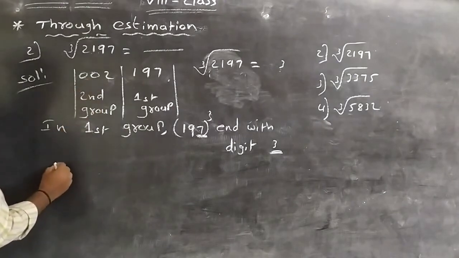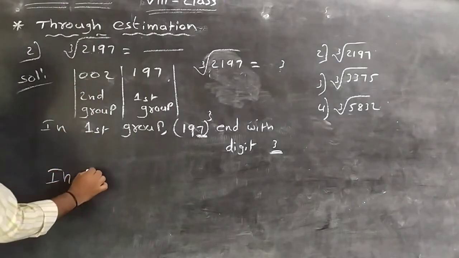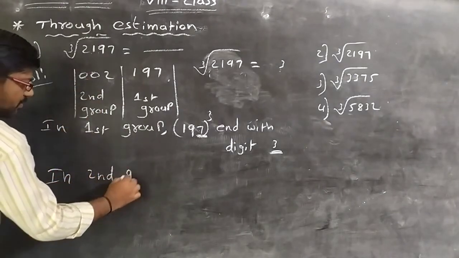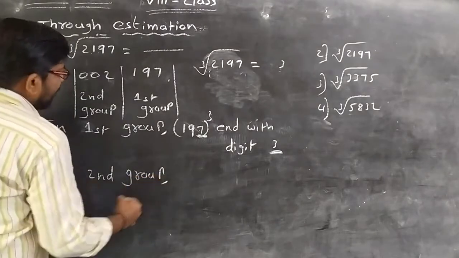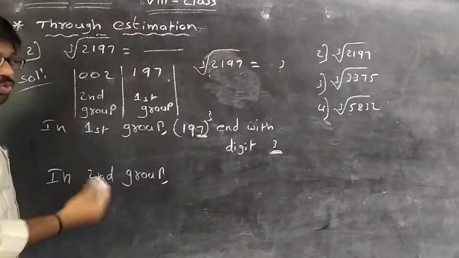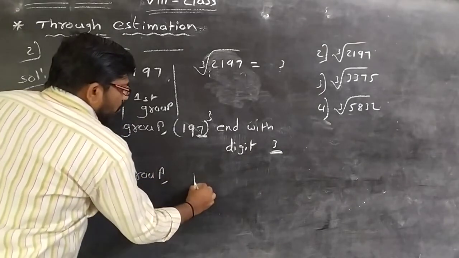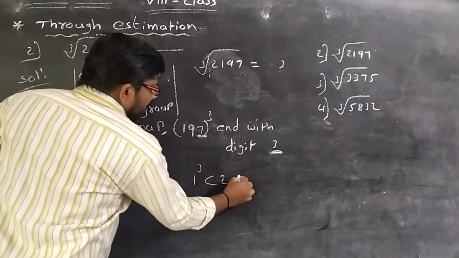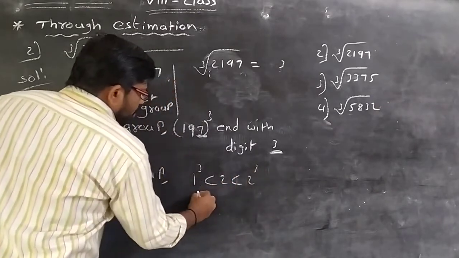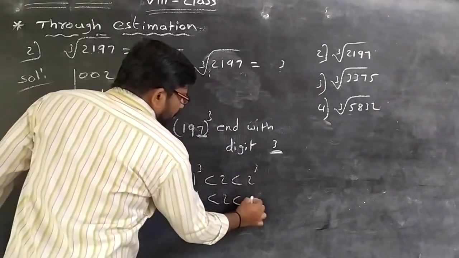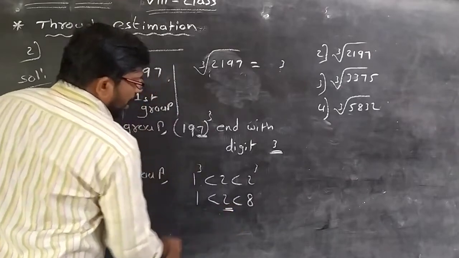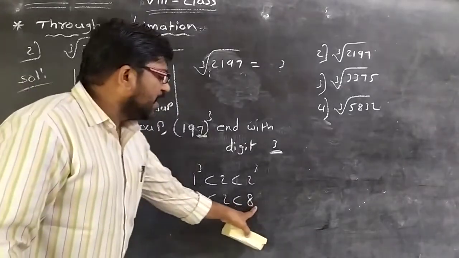Next, in the second group, the third step. In the second group, the number is 2. This 2 lies between 1 cube and 2 cube. 1 cube is 1, 2 cube is 8. So here 2 lies between 1 and 8.